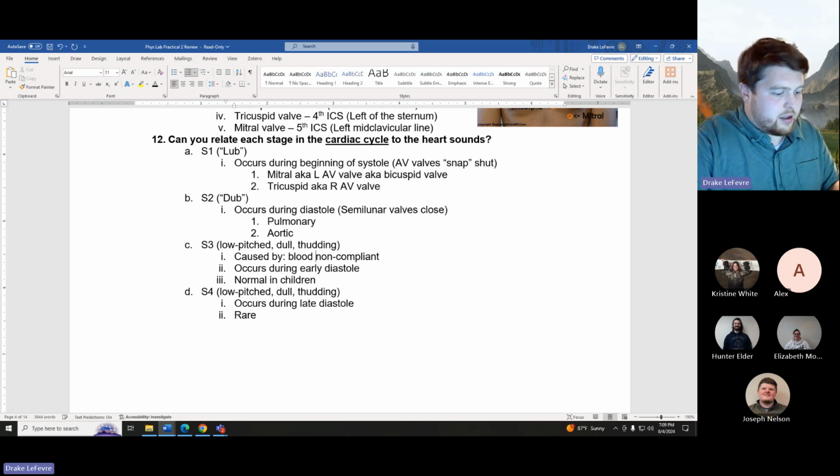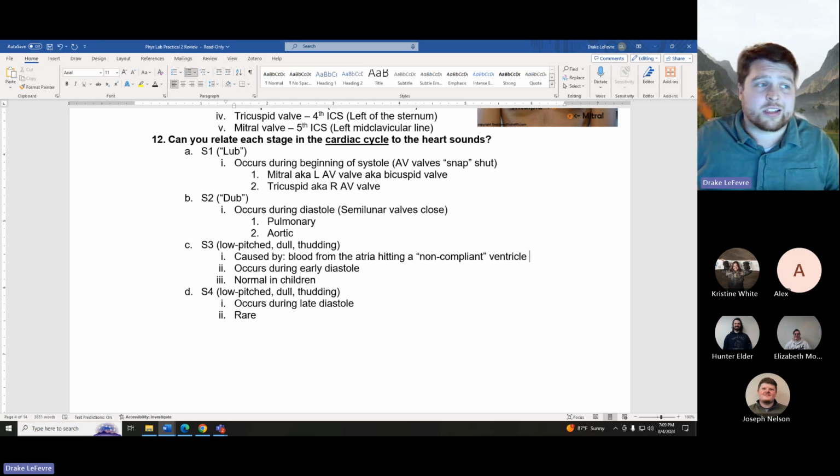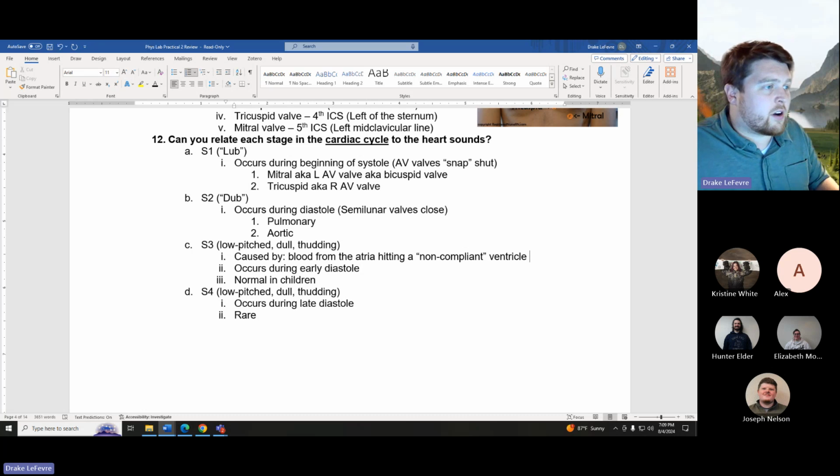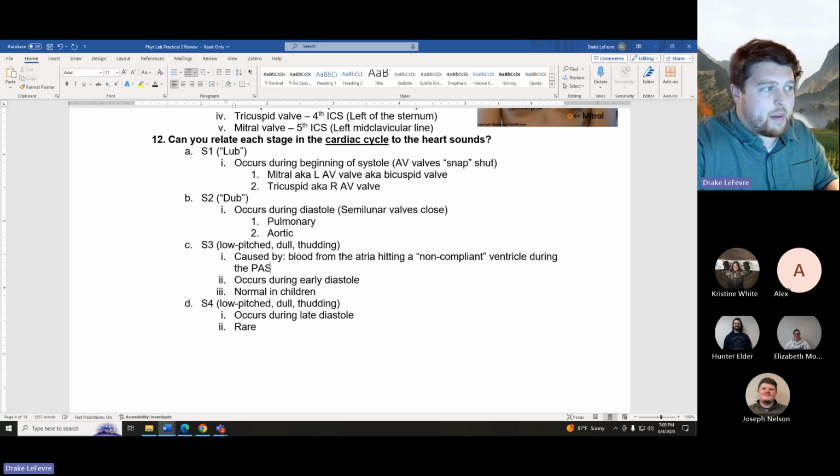Good. So it's blood from the atria hitting a non-compliant ventricle. Remember when we talked about compliance, how much give, how well it was able to accept the blood. So it's blood from the atria hitting a non-compliant ventricle during the passive filling phase.